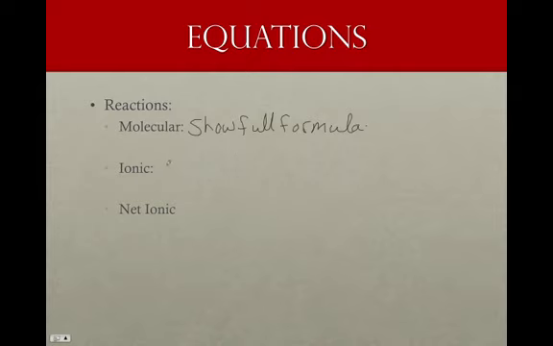In an ionic formula or an ionic equation, they only show the ions. Show aqueous substances as ions. So this is a little bit more accurate, and then they also show solids as compounds.